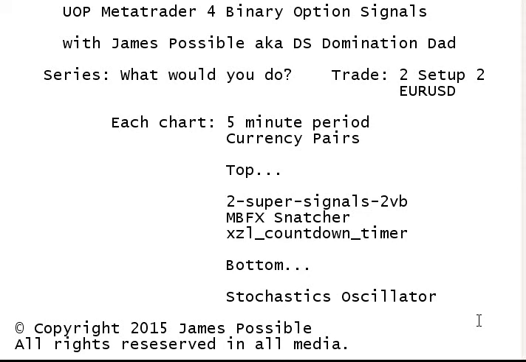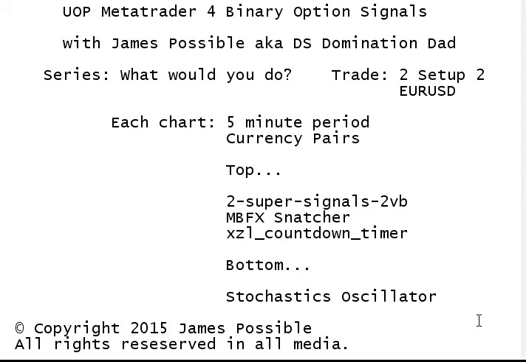And of course, we're talking about trading scenarios and setups, and we're using the UOP MetaTrader 4 binary option signals. This is actually trade 2 setup 2 for the EURUSD, and it's a 5-minute period.